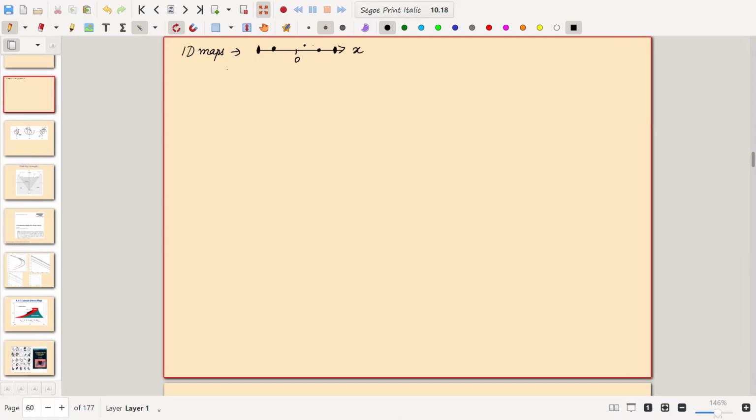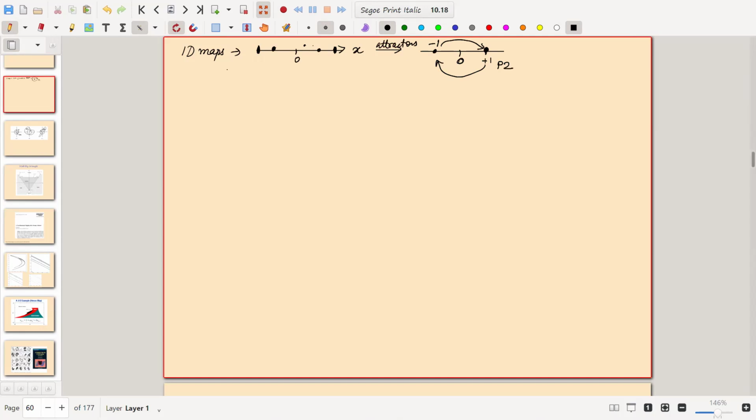Based on that, we classified attractors. What attractors are possible? A point can lie at 1, then iterate to another point, minus 1. When you iterate again, it comes back to 1. So that is a periodic orbit. What is the period of this orbit? 2.